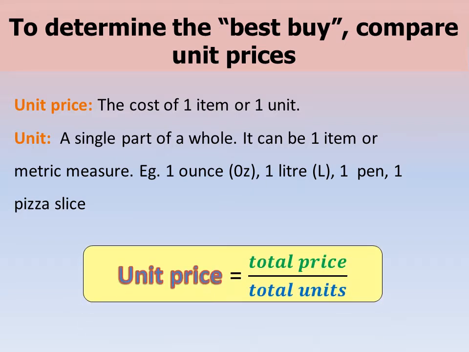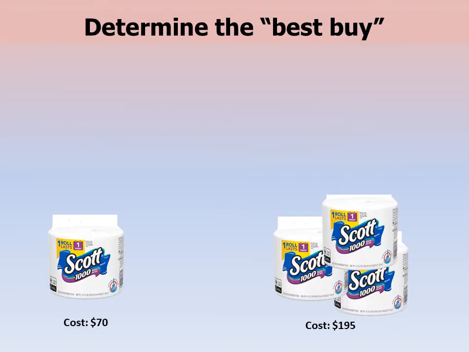Now, to find the unit price, you have to take the total price that you're given and divide it by the total number of units. Let's go back to our original example.